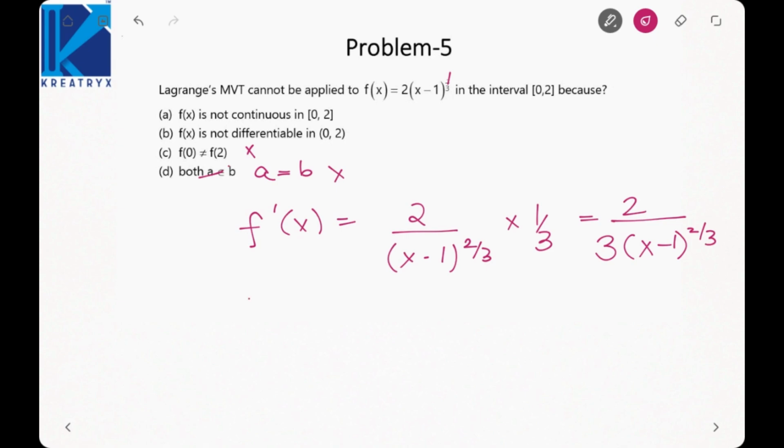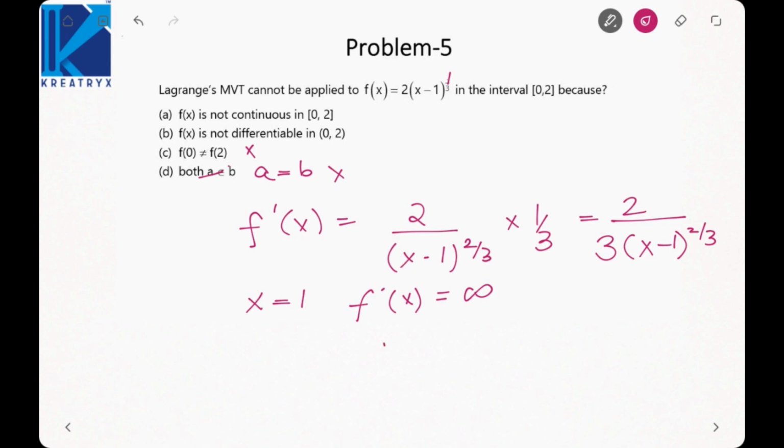Now, if you keep x equal to 1, then f dash x goes to infinity. I told you the function is differentiable if its right hand derivative and the left hand derivative are equal and both are finite. Now, as you can see here, the derivative goes infinite.